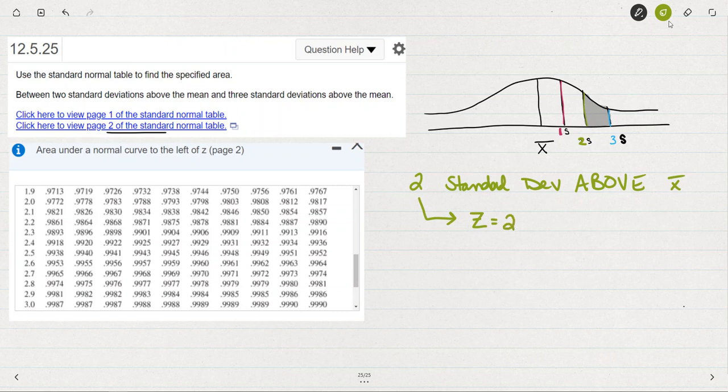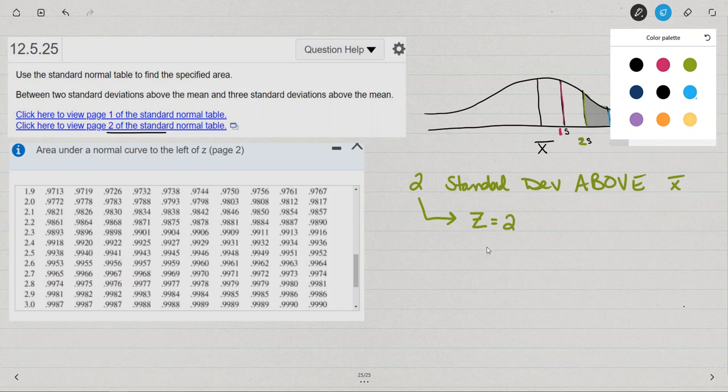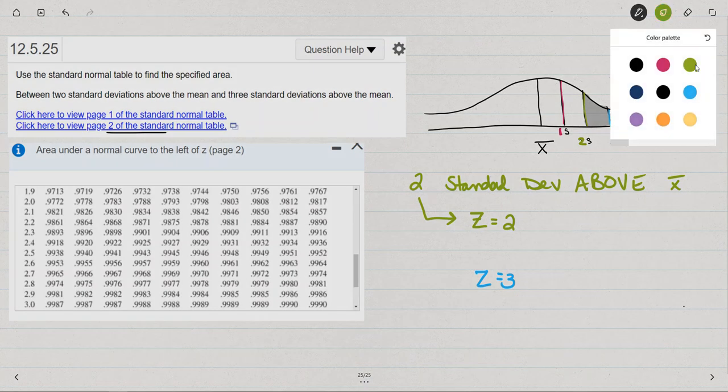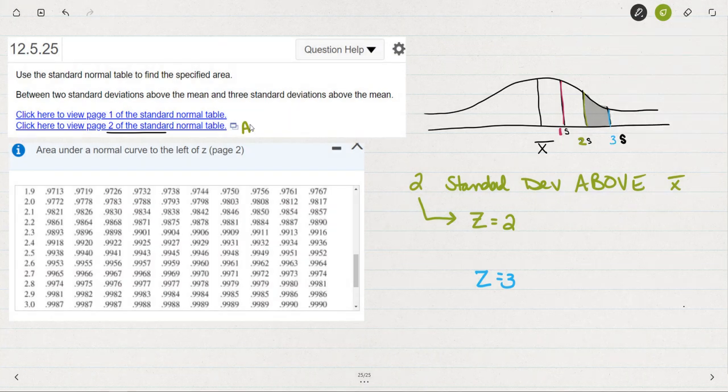And then 3 standard deviations above the mean would mean that z is 3. So I have pulled up the chart. You could see this blue link. It's going to be the second chart because the second chart is the positive above the mean. And the first chart is negative or below the mean.